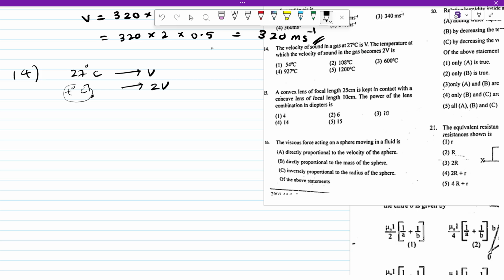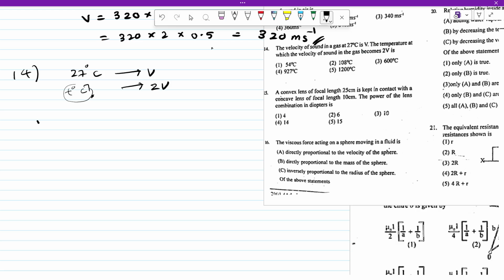We are unaware of this. So the sound velocity in the gas in the first instance should be calculated. So we should be able to get two separate equations, name them equation number 1 and equation number 2, then divide them and find the unknown term that comes finally after simplification.